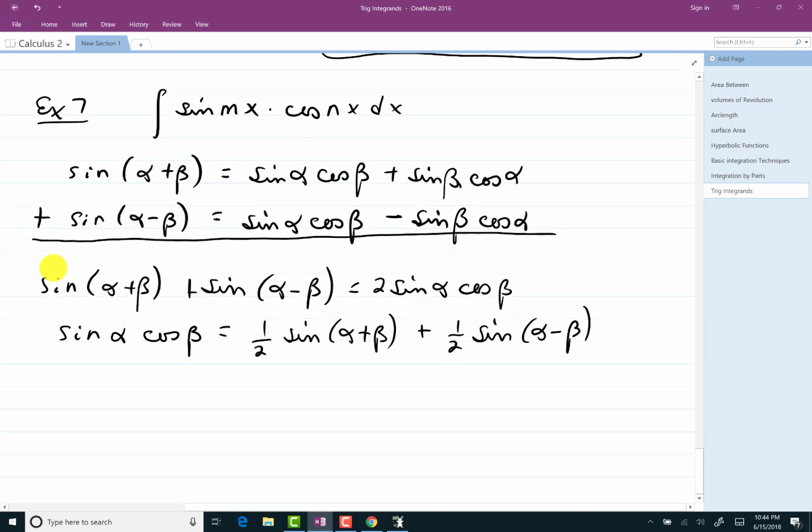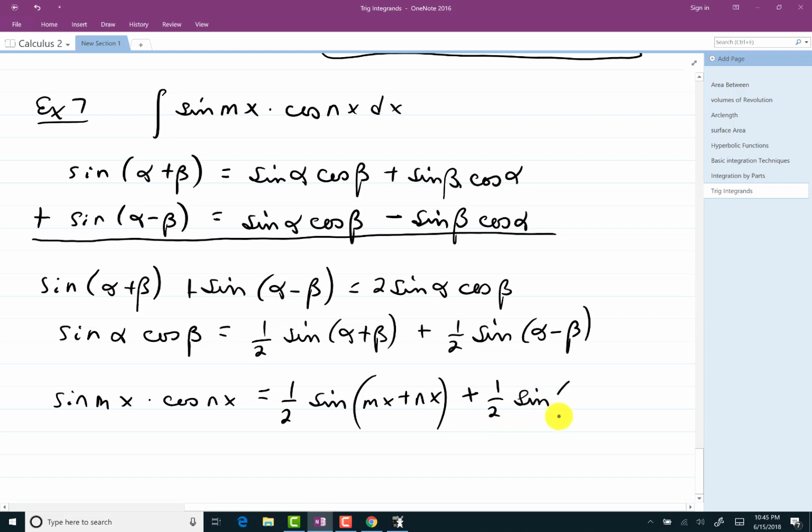How does that apply to ours? Well, I'm going to think of alpha, mx will be my alpha, and nx will be my beta. So when I try to change sine mx times cosine nx, that's going to equal 1/2 sine of mx plus nx plus 1/2 sine of mx minus nx.